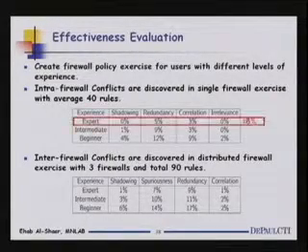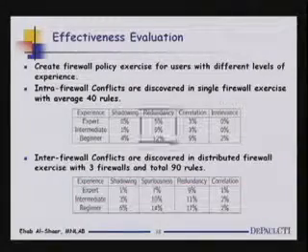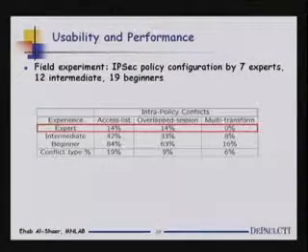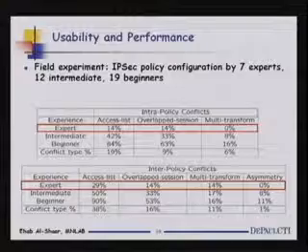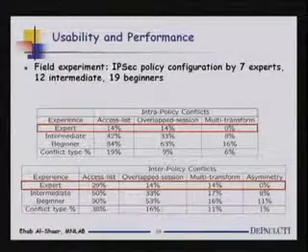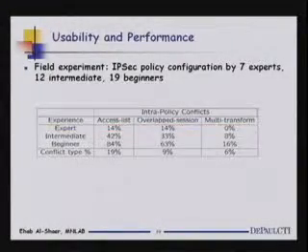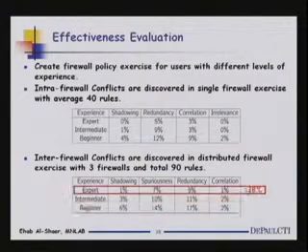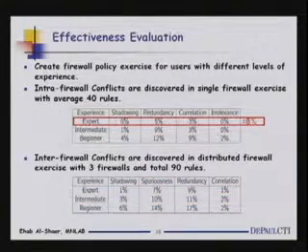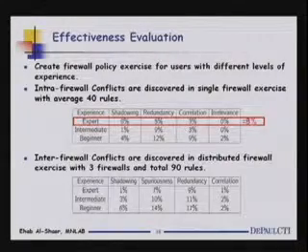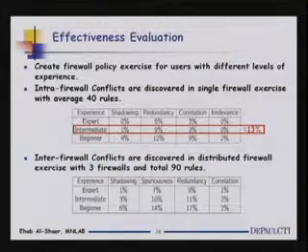It's interesting to see that in the expert level, you can have up to 8% of mistakes. In every 100 rules, there are 8 rules misconfigured. In intermediate level, 13%.